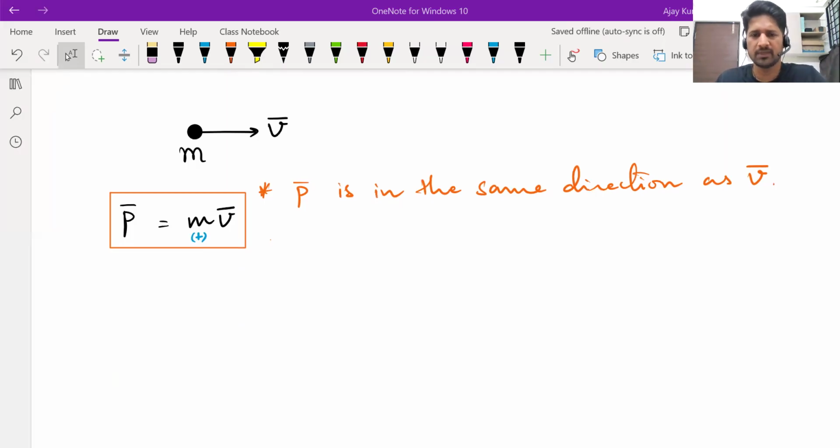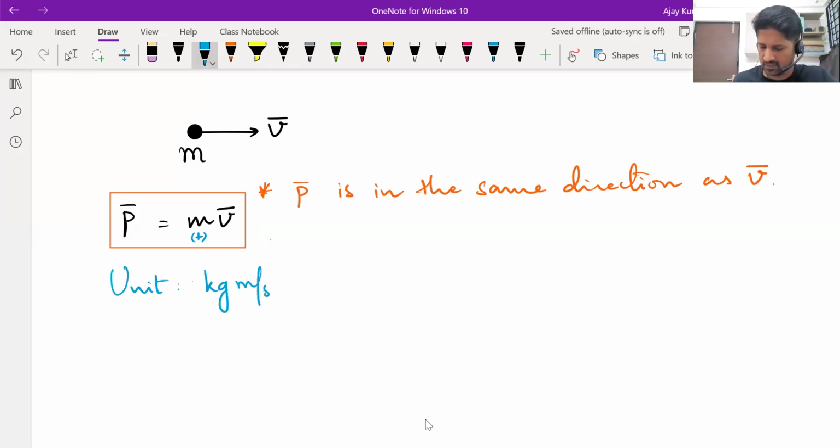It's simply mass multiplied with velocity, so the unit will be the SI unit of mass multiplied with the SI unit of velocity, kg meter per second. Vanilla, what is the dimensional formula? MLT power minus 1. Kg is mass, meter is length per second. So MLT power minus 1. Correct.